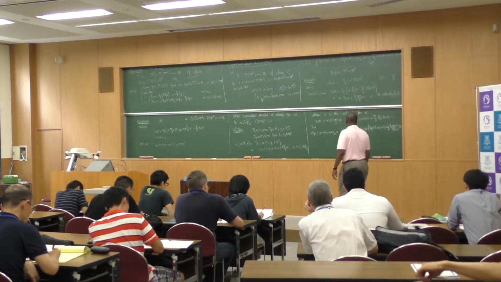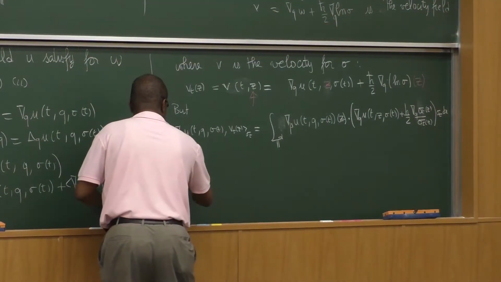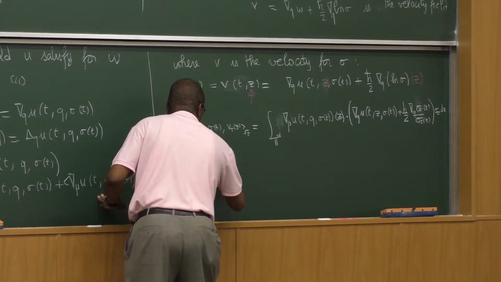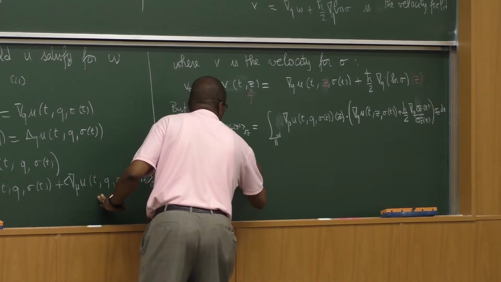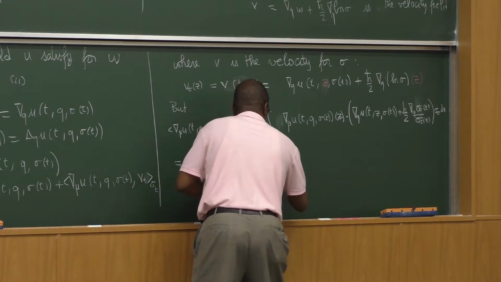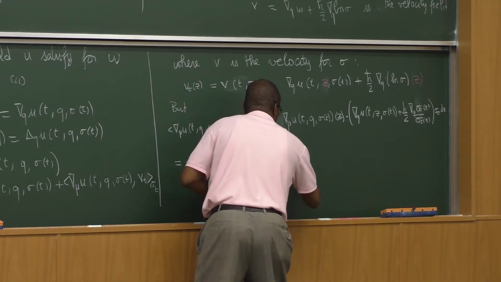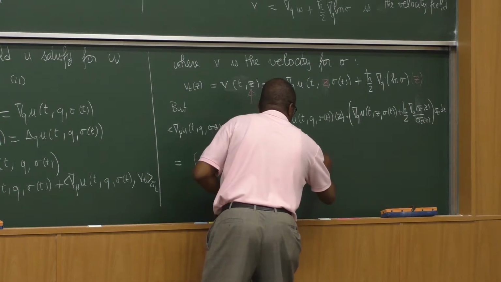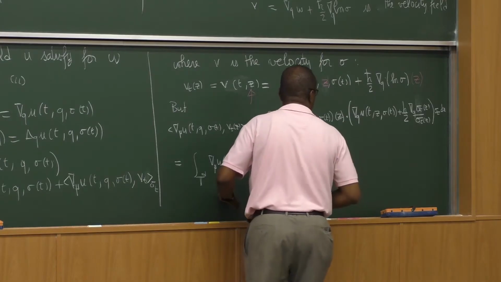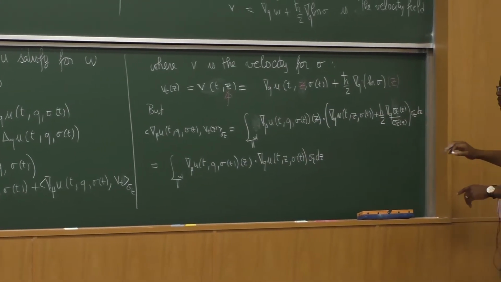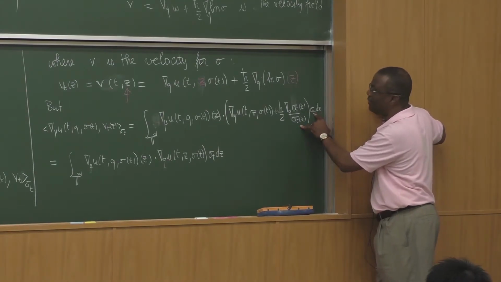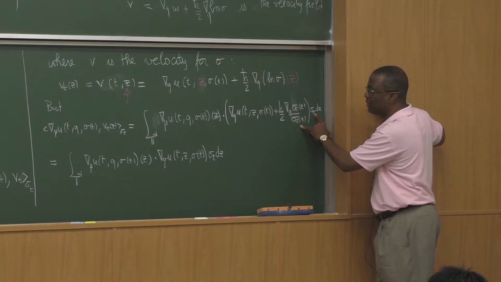So I am going to split this into two terms. The integral on the torus of the gradient mu of U at t, q, sigma t, z, inner product gradient q of U at t, z, sigma t, dz, plus this thing. But I can simplify that by sigma t and integrate by parts.